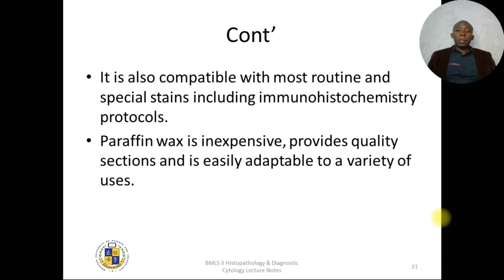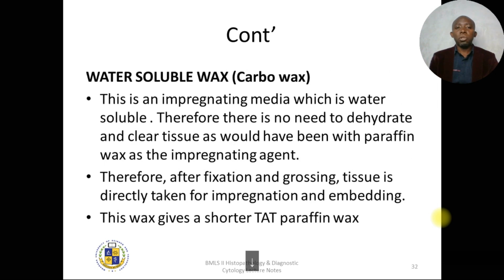If you impregnate and embed your tissue in paraffin wax, it can stay for years and years when it is still good, and can be used for a number of tests, including the immunohistochemical tests. They can also be done on paraffin embedded tissues.